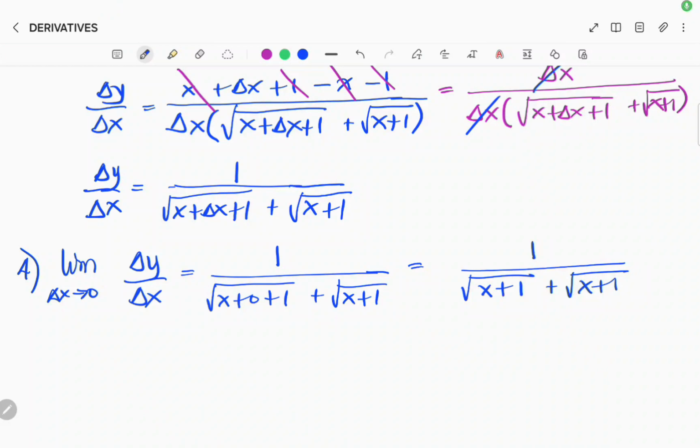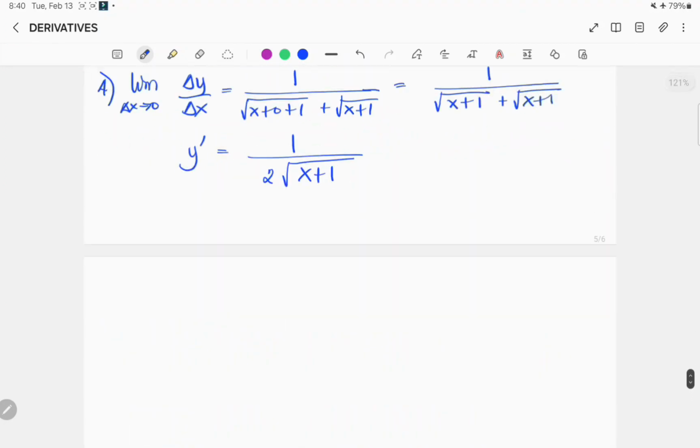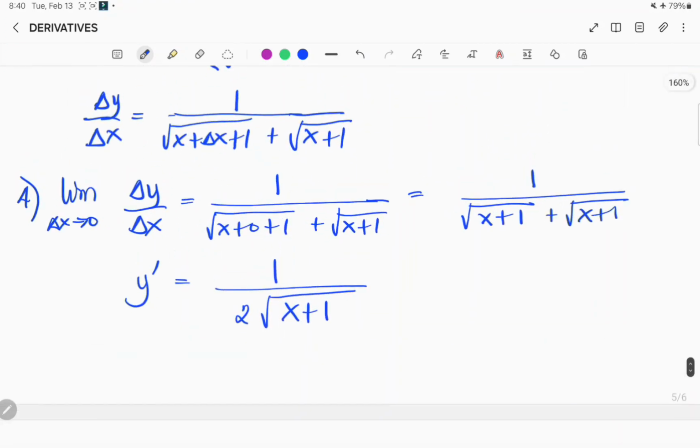So adding the terms in our denominator will give us 1 over 2 square root of x plus 1, and this is equal to y prime. Meaning, the derivative of y equals the square root of x plus 1 is equal to 1 over 2 square root of x plus 1.